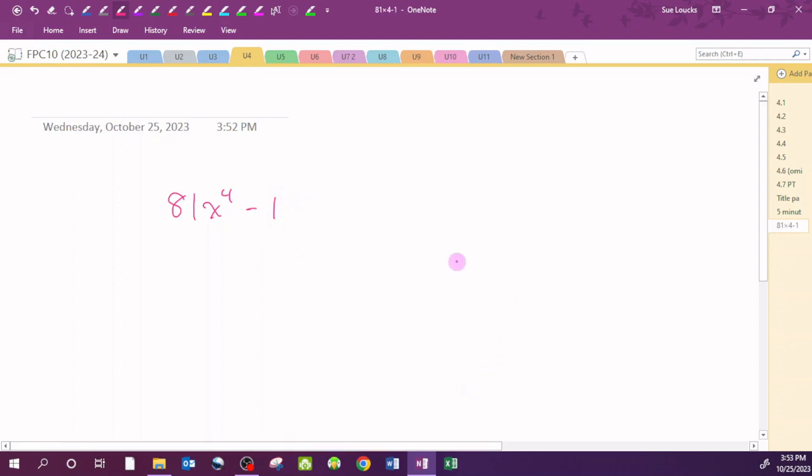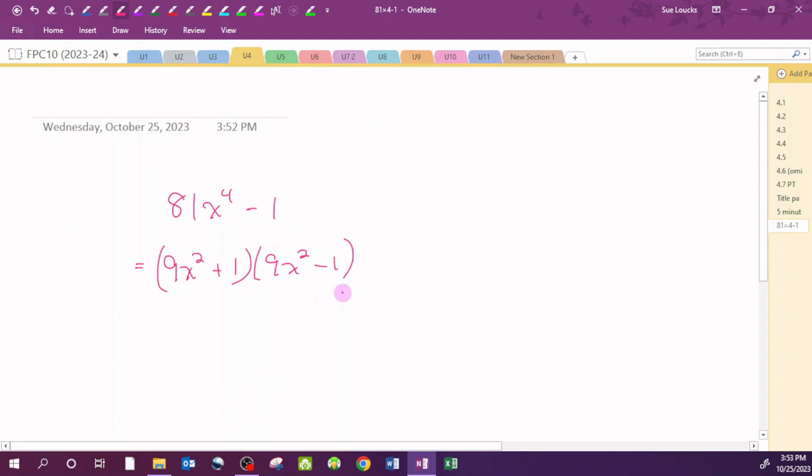I'm going to factor that. This is a perfect square. This is a perfect square. So my square root of this is going to be 9x squared plus 1, and then 9x squared minus 1, right? 9 times 9 is 81, x squared is x to the 4, 1 times 1. Yep, we're good. Am I finished?